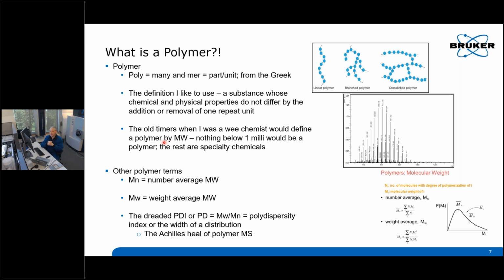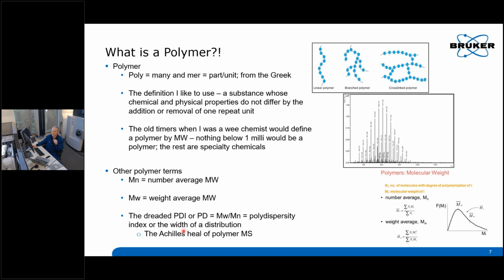Some other terms that we'll be hearing today are about molecular weight. I'm going to be referring to number average molecular weight, weight average molecular weight, and then polydispersity index. You can see the formula over here. Mn places emphasis on the number of chains at that molecular weight, while the weight average molecular weight takes into consideration the actual mass of those chains and how many there are.